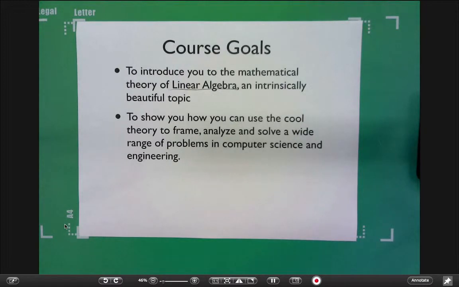Applied means that we will be using linear algebra on a wide variety of problems, because linear algebra is really used everywhere in computer science, engineering, and computational science, like solving, as the guy who was talking here before about planes and things like that, to analyze statics.